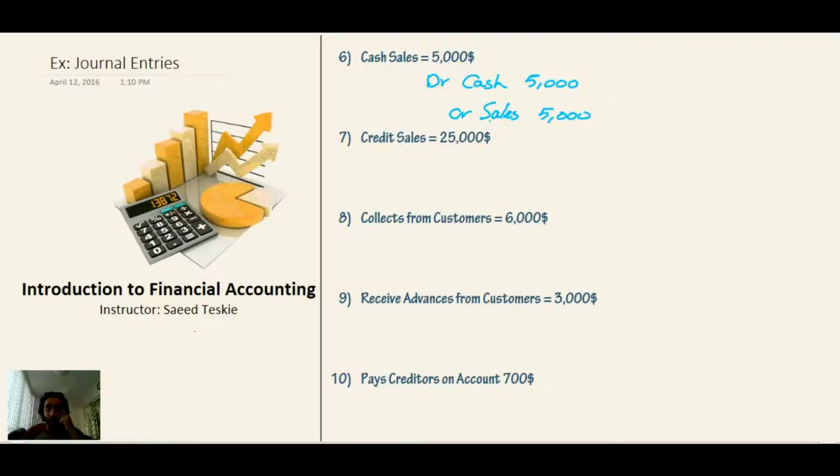Sales is a revenue account, so if you need to increase sales, we have to credit sales.